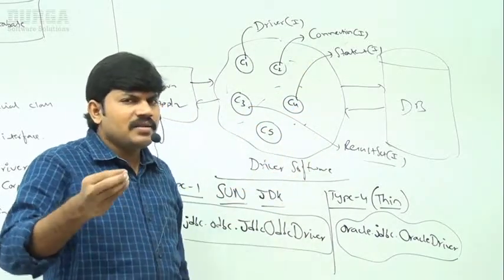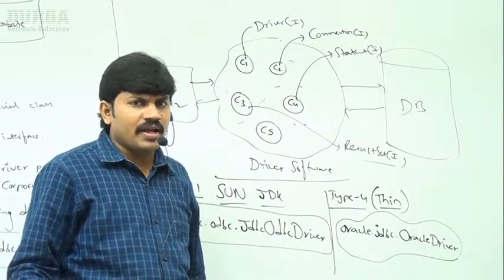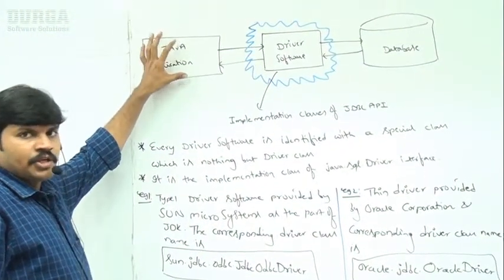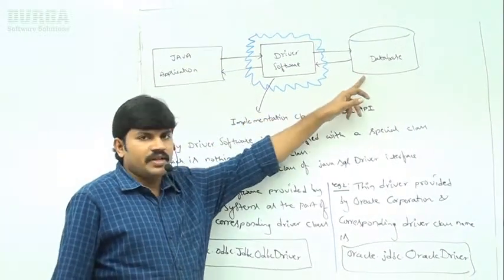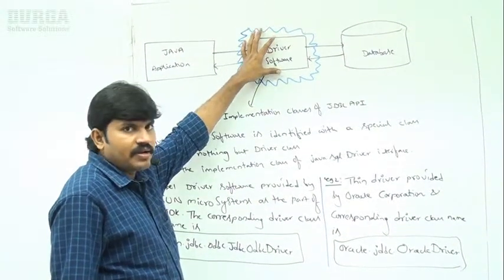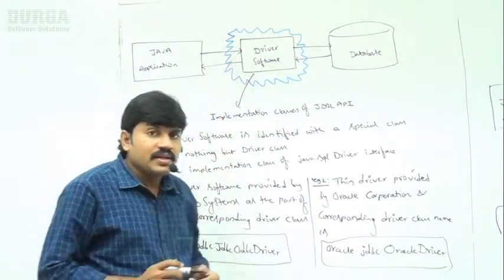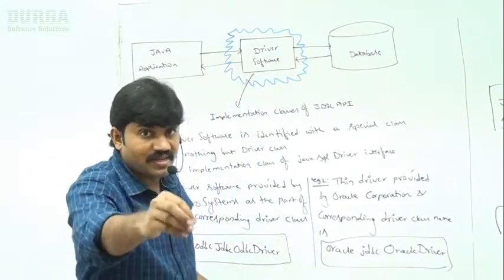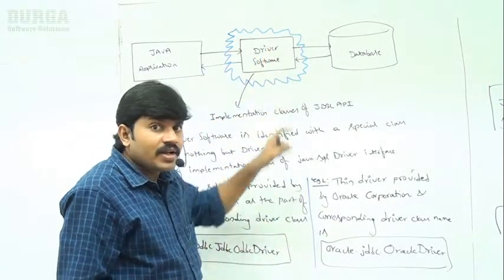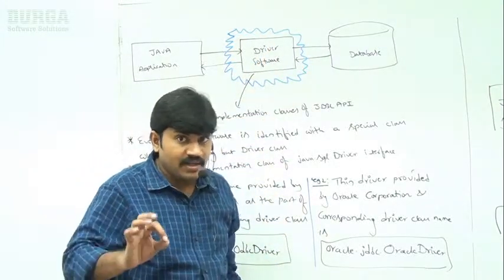Clear, right? Sir, just let me review whatever I covered. Just observe the Java application. If a Java application wants to communicate with the database, driver software must be required. This driver software is a group of classes, and it is identified with some special class, which is nothing but the driver class. The driver class is the implementation class of the Driver interface.